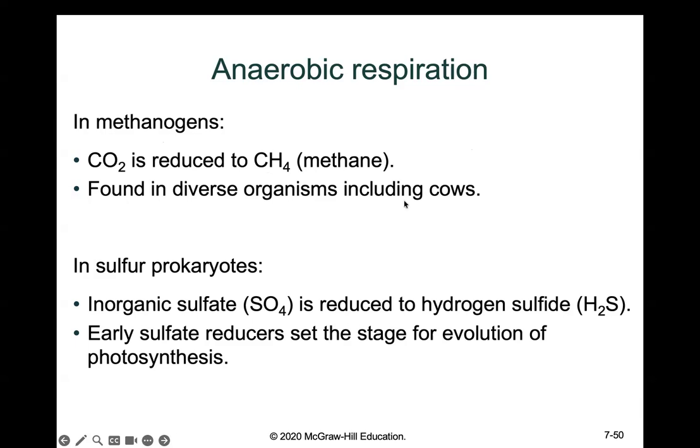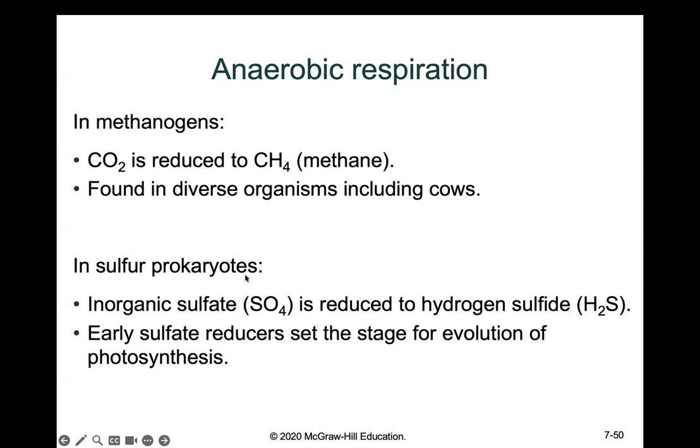And you see this a lot in cows. In cows, every time they're farting, they produce so much methane because they're using CO2 as their final electron acceptor. Why we have a lot of water with us is because we create a lot of water during our respiration. Well, when it comes to cows, they produce a lot of methane.